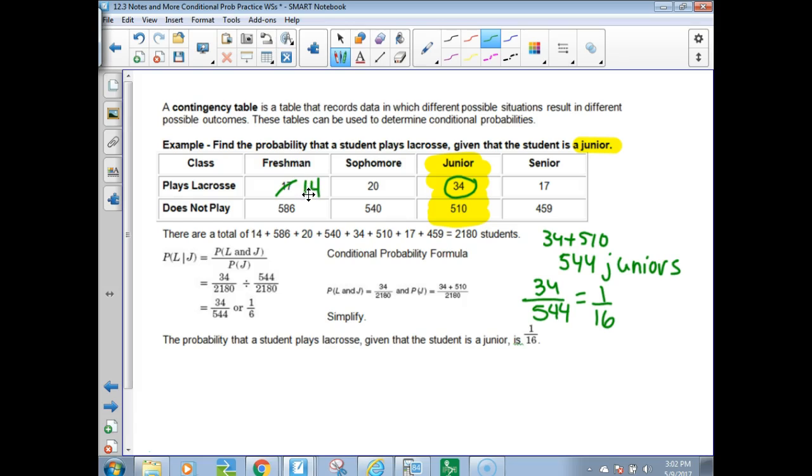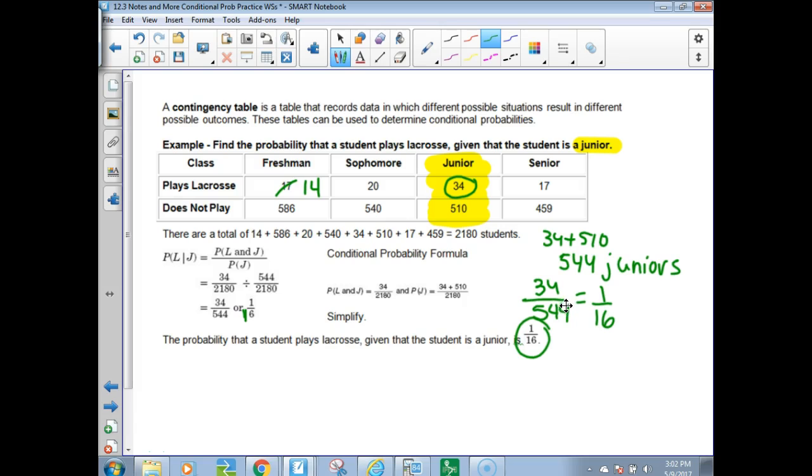I just would rather you don't have anything wrong on your paper. And then we just reduced our fraction, and our calculator told us it's not 1 over 6, it was 1 over 16, but then down here the answer says it's 1 over 16. So anyway, we've got it all fixed now. We didn't really even need this total of all the students, 2,180, to do that particular question.